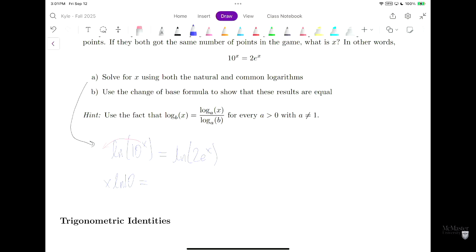On the right, we're going to use our product rule. The product rule says that the ln of a product is equal to the sum of the lns. So this is ln of 2 plus the ln of e to the x.